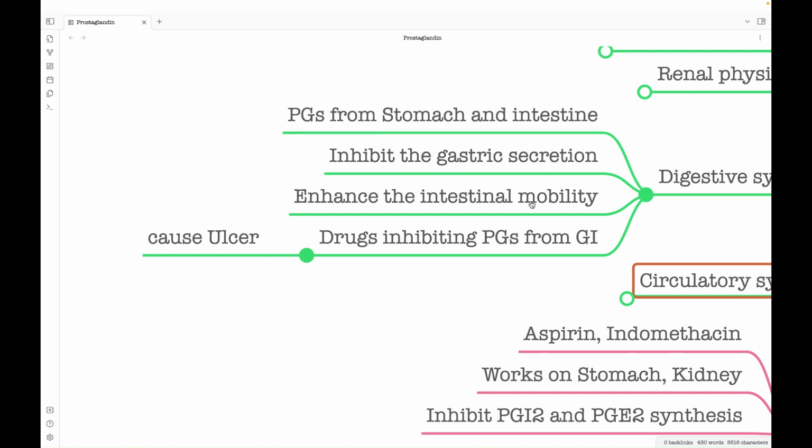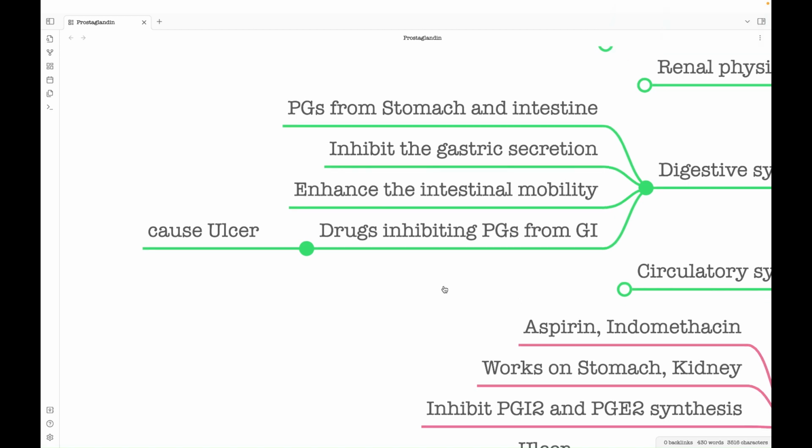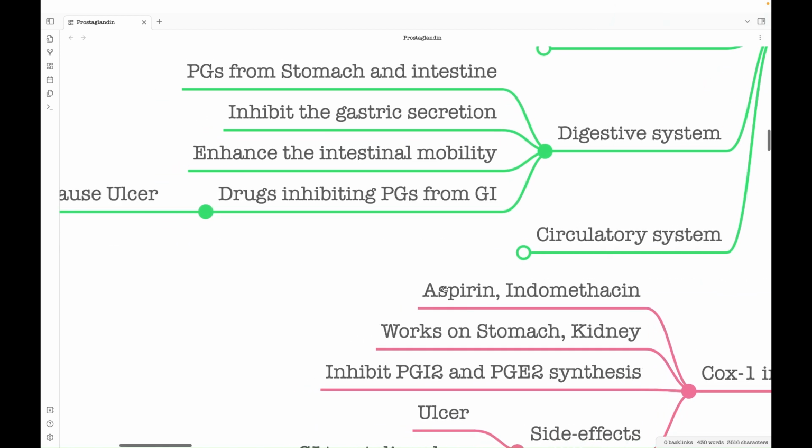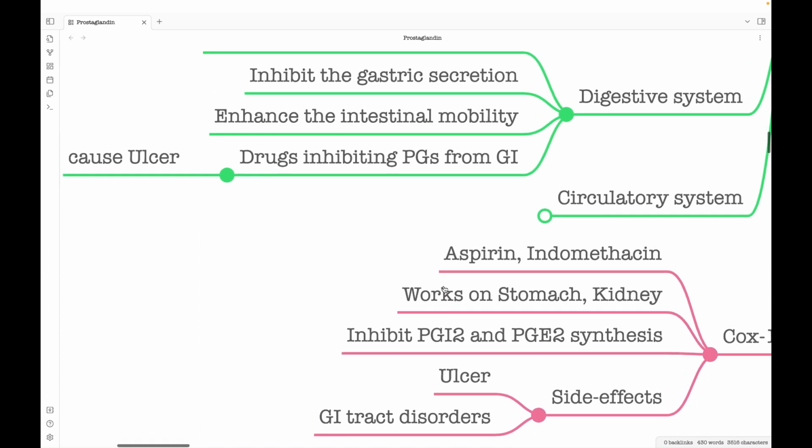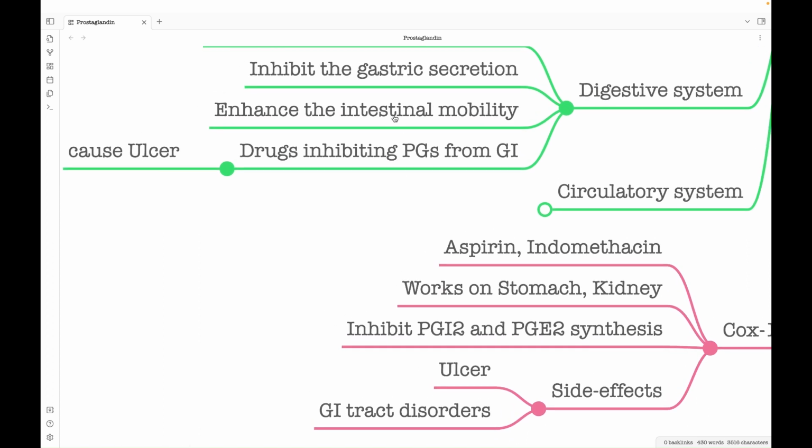So if we take these COX-1 inhibitors, they will increase the gastric secretion and reduce the intestinal mobility, right? As I have mentioned here, drugs inhibiting PGs from the GI tract will cause problems. So if we take COX-1 inhibitors, they will obviously lead to ulcers and GI tract disorders.